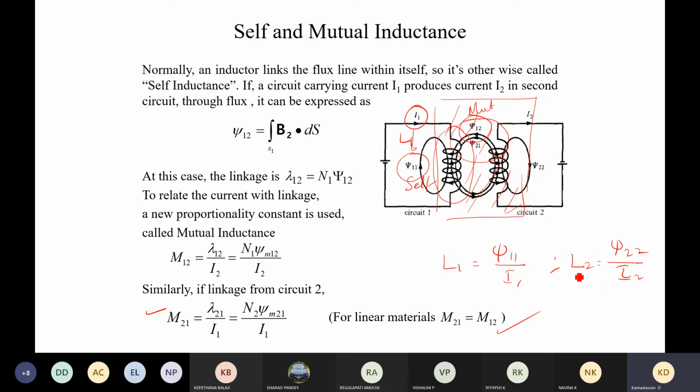They allow current flow from this circuit to that circuit, but not in the opposite direction, which means they allow M12 but not M21; M21 will be 0. Such materials are also available in the world. They are extreme magnetic materials, and we will study them when we study magnetic materials.